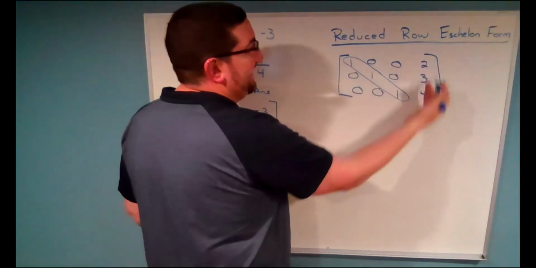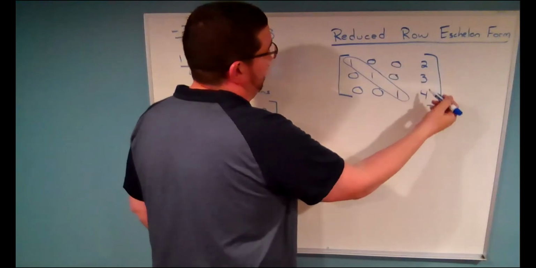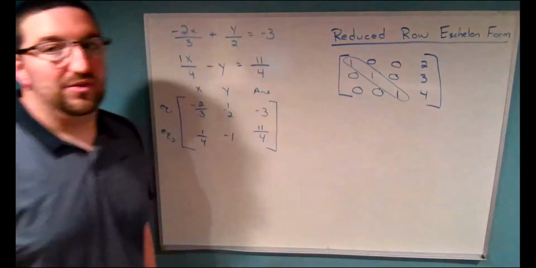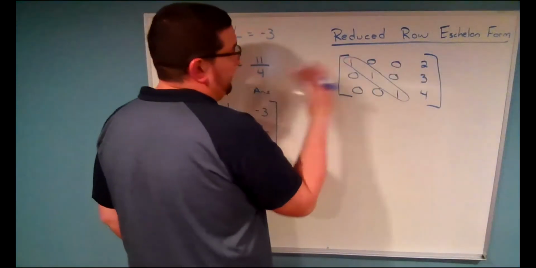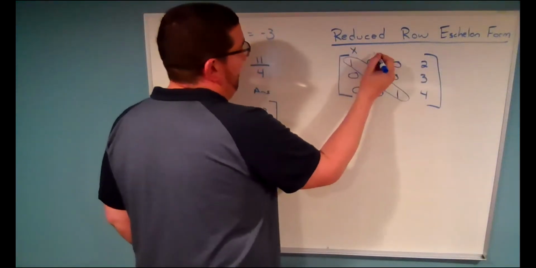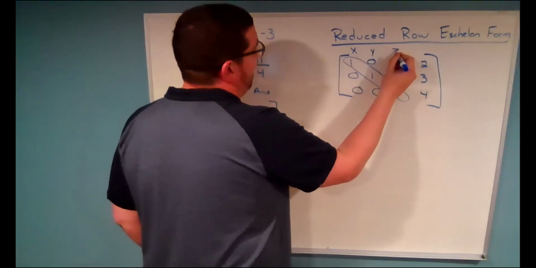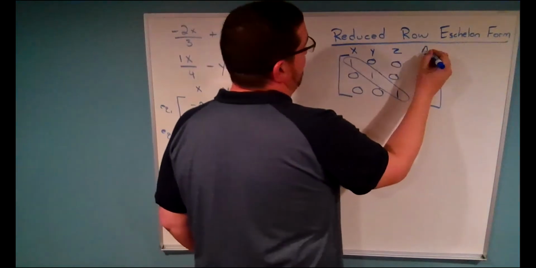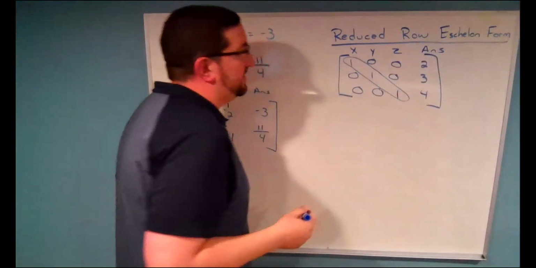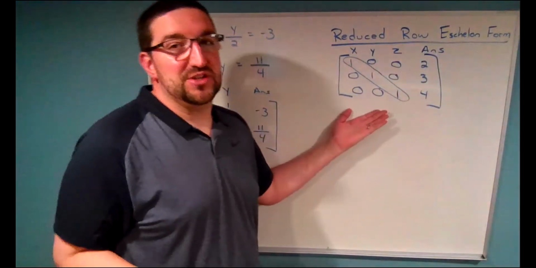And then this last column is going to represent your answers for the corresponding variables. In some matrix, I haven't shown you those yet, but we're going to have an X, a Y, and a Z variable, and the last column will still represent our answers. So this is a matrix in reduced row echelon form.